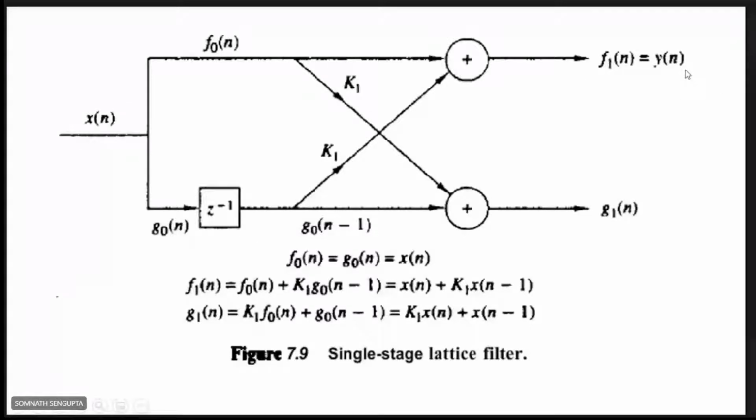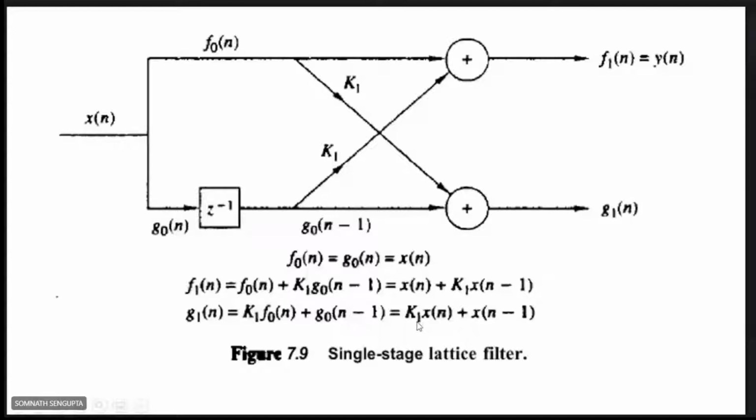But at the same time, we use another function g1n. The original function is now multiplied with k1, but the delayed function is not multiplied; it is kept as it is. So the second output function g1n is k1 f0n plus g0n minus 1, which equals k1 xn plus xn minus 1.